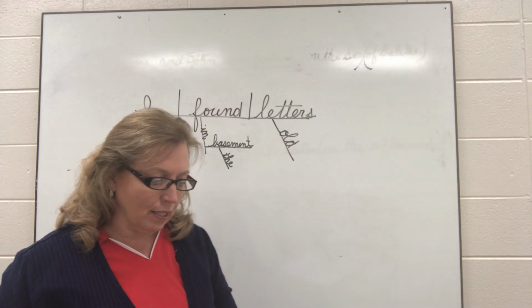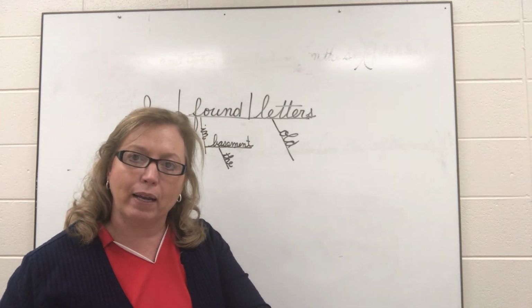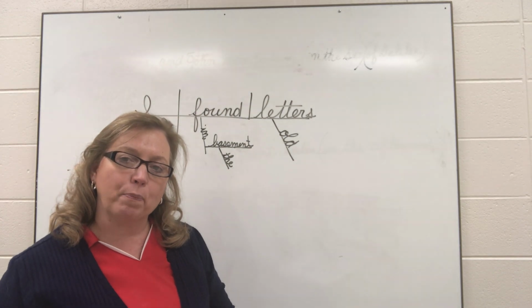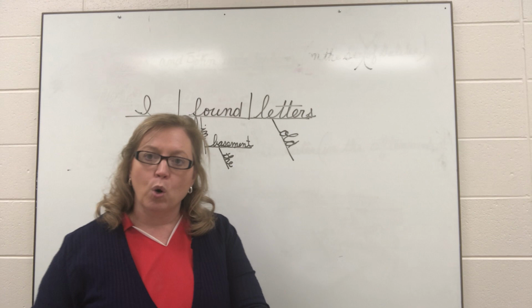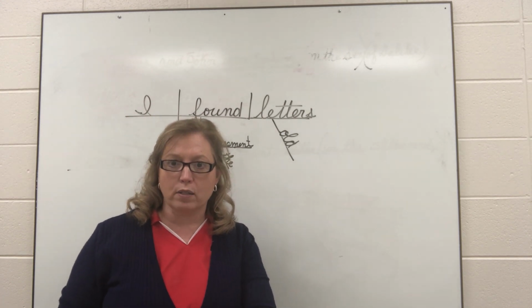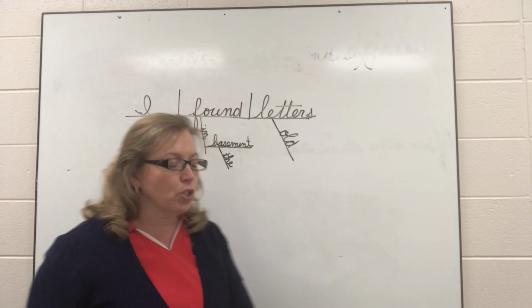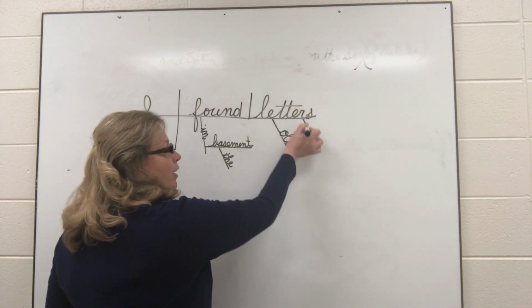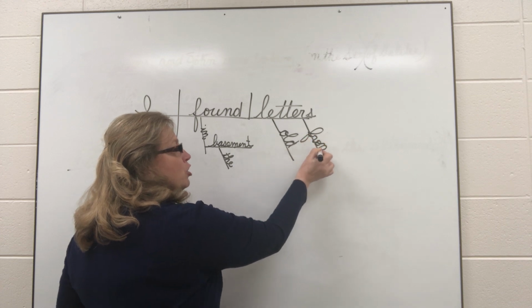Look back at your sentence. In the basement, I found old letters from my grandparents. From my grandparents is a prepositional phrase. What does it talk about? Which letters? Which ones? They were letters from my grandparents, okay? So it's an adjective phrase, and it's going to say from. That's my preposition.